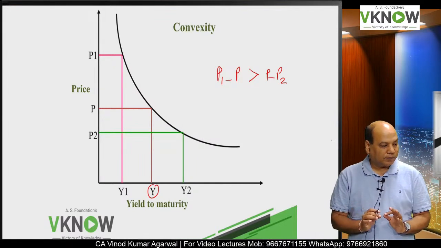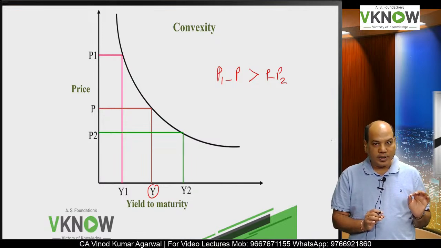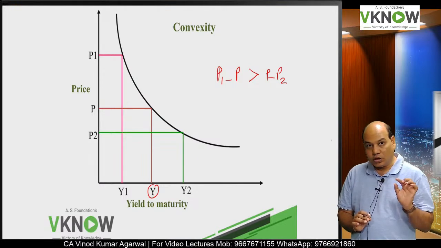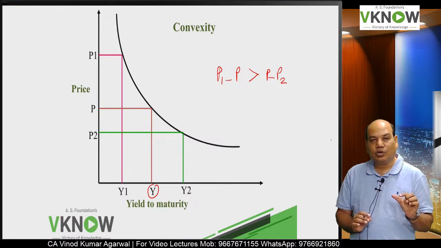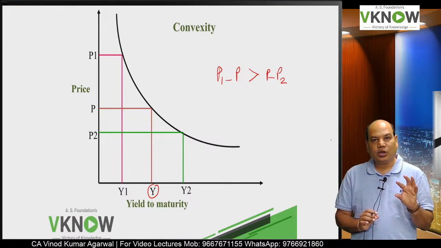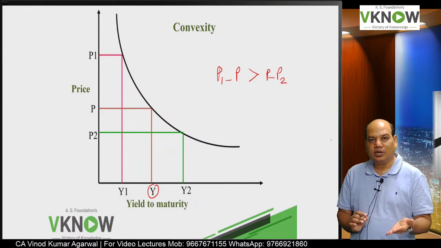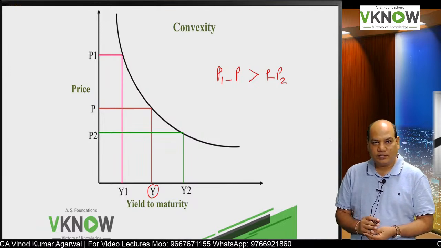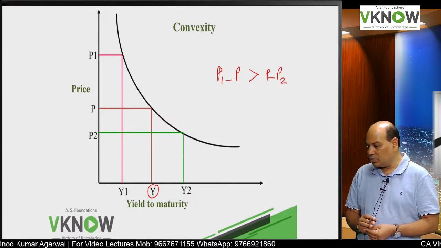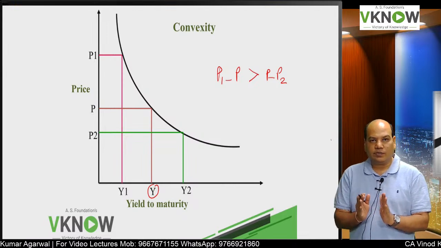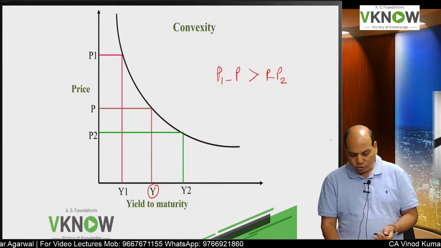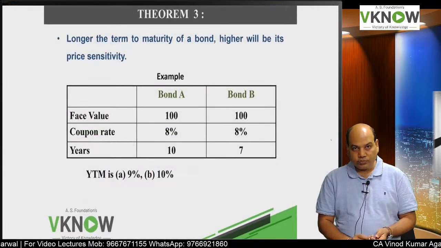That we'll discuss afterwards. There is one more area to be discussed, which is how to calculate that convexity and how to use the convexity to estimate the bond prices. If we know the convexity, we can estimate the bond price for a given change in YTM. So this was my theorem number 2.